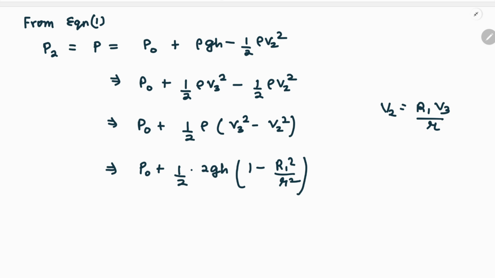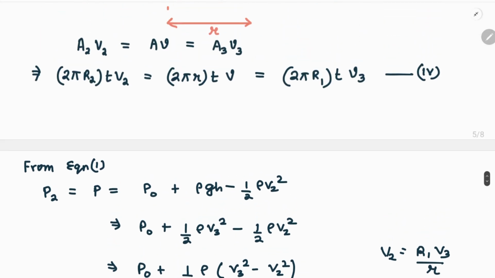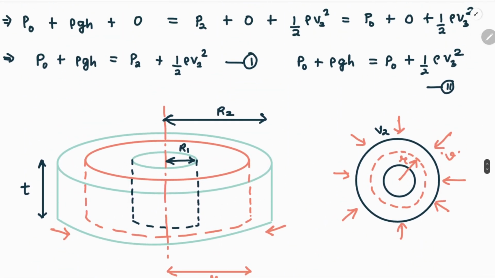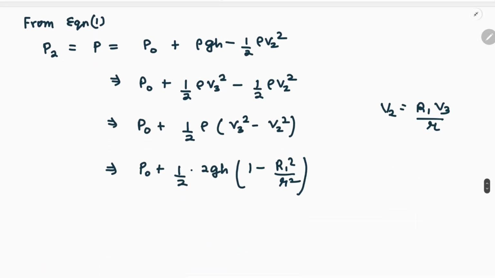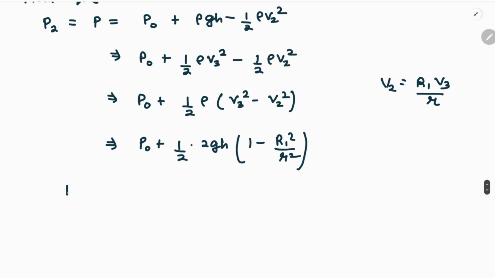What we have done is taken this v3 velocity out, and then substituted v3 square as 2 g h, and then from here we get the pressure variation with distance r as P0 plus rho g h, 1 minus r1 square by r square. So this is how we solve this particular problem, which is problem number 1.321.